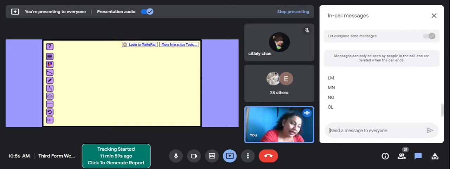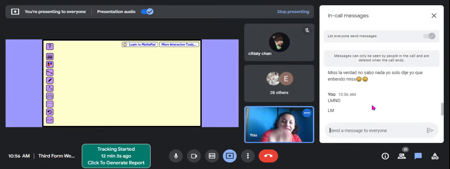Why are those my sides? Because if I look at L, M, N, O, L and M have to be beside each other, M and N have to be beside each other, N and O have to be beside each other, and O and L have to be beside each other.